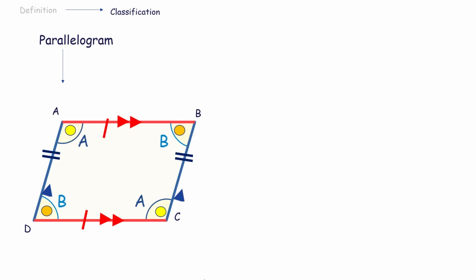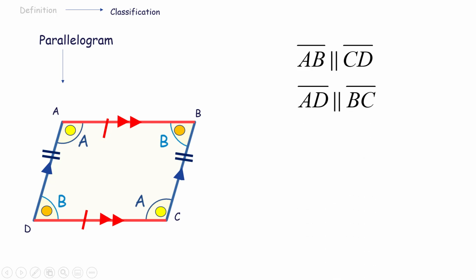So in the parallelogram, we can use this notation. Line AB is parallel to line CD. This symbol means parallel. Line AD is parallel to line BC. Line AB is equal to line CD.